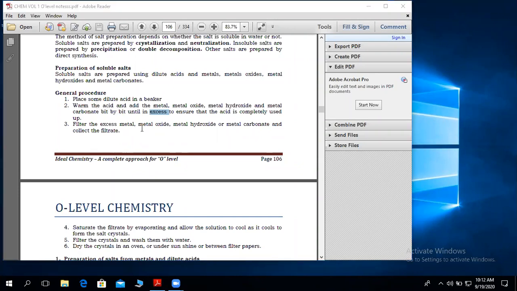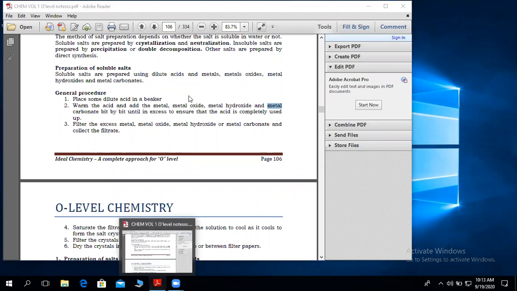I think you are getting that point. Until in excess, we mean whatever metal you add to the acid dissolves slowly, a little at a time. But you are going to reach a certain point when you add the metal and it does not dissolve anymore.